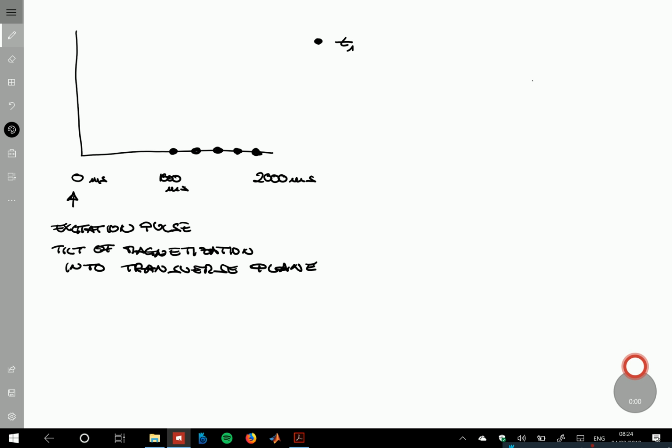These are time points at which MR signal is acquired. So we then have the MR signals S(t_n), and we have 5 of these complex numbers.